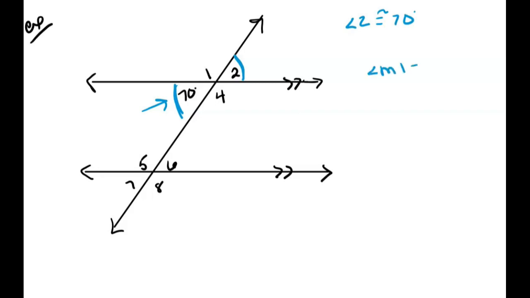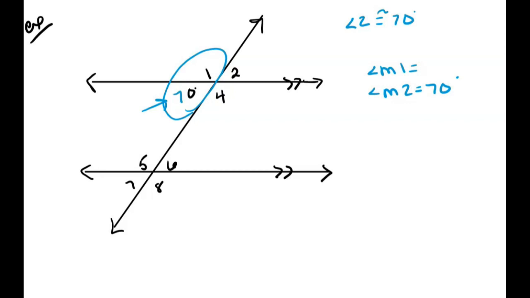So I'm going to make a list here. The measure of angle 2 is 70 degrees. Okay, then we also learned last time about linear pairs or angles that are supplementary. Sorry, I erased my 70 there. And if you notice, 70 and angle 1 form a linear pair.